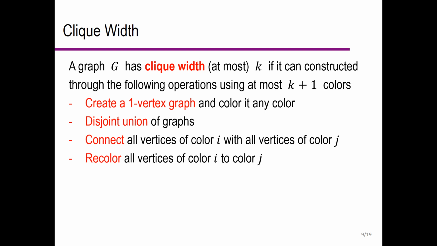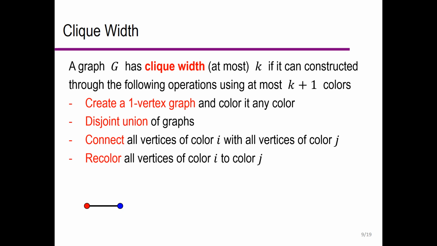As a simple example, let's construct a clique using this procedure. A one-clique is very easy to construct. You just take a one-vertex graph and color it, say, red. To create K2, we need to create another one-vertex graph, color it, say, blue, and then connect all red vertices with all blue vertices.